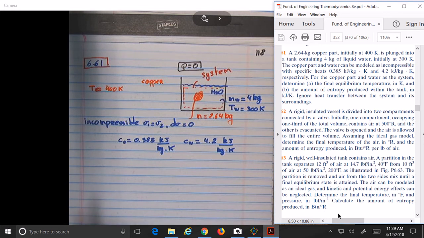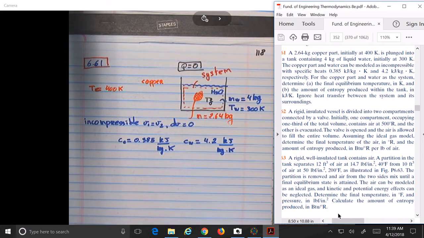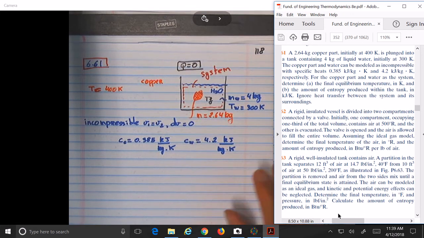So part A, we need to find the temperature of the mixture, no? When you mix the water and the copper. There are two different ways to do this, but this is generally the way I do it.